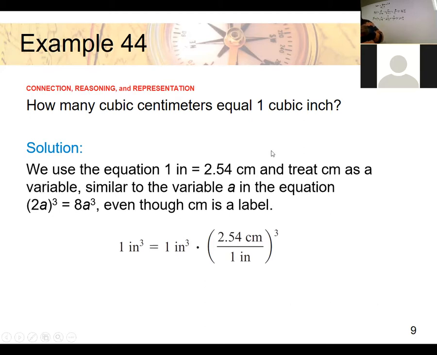If 1 inch is 2.54 centimeters, then for 1 cubic inch, we just have to cube the 2.54 centimeters. So here we're cubing 2.54 centimeters all the way through.